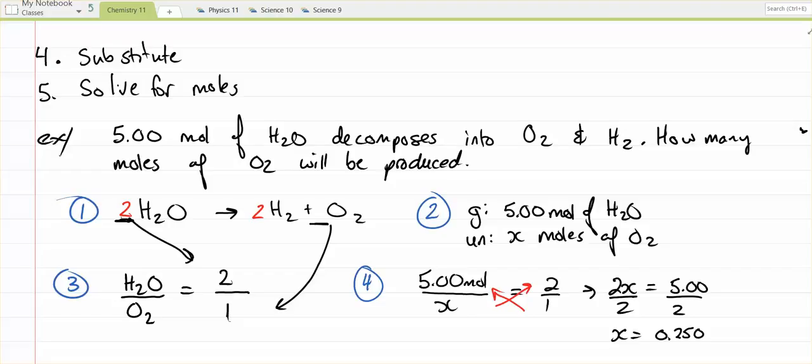Let me get my eraser here. X equals 2.50 moles of O2. I hope that helps. And next lesson we'll go on to mole to quantity.